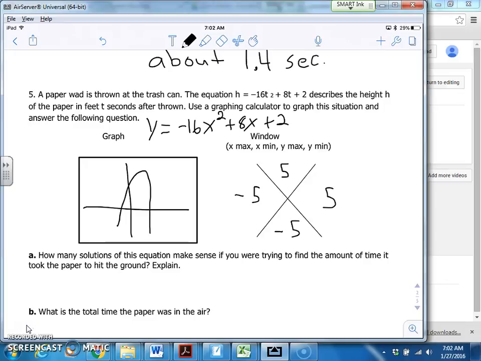How many solutions make sense? So this is the exact same answer that we had above. One solution. Because it leaves. I should probably say starts, sorry. It starts.